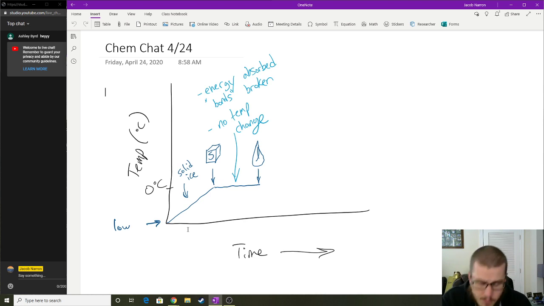Now, let's keep going. Because after it becomes a liquid, the phase change is complete, and then it can continue increasing temperature. So as time goes on, we're going to see that temperature continue to increase. It gets warmer and warmer until our next important temperature, which is going to be 100 degrees Celsius.